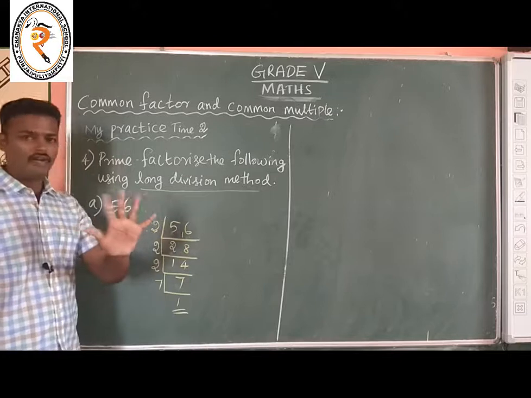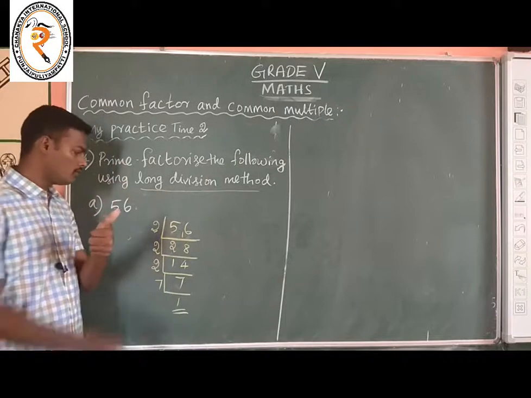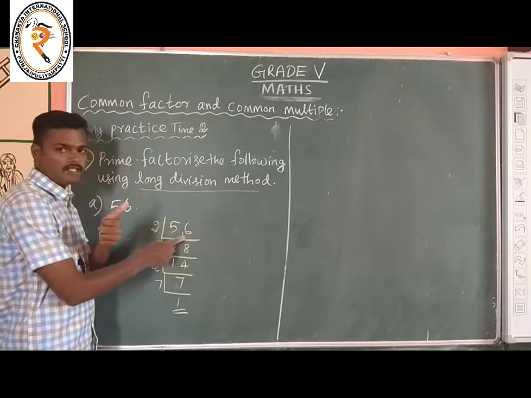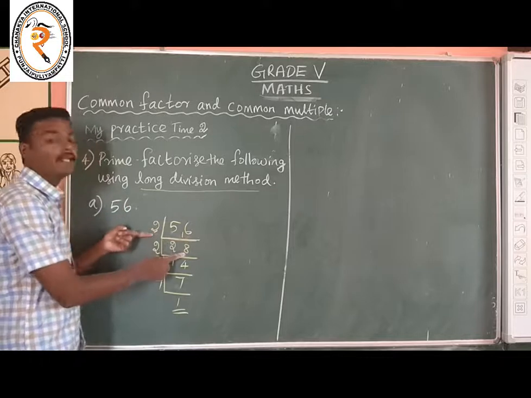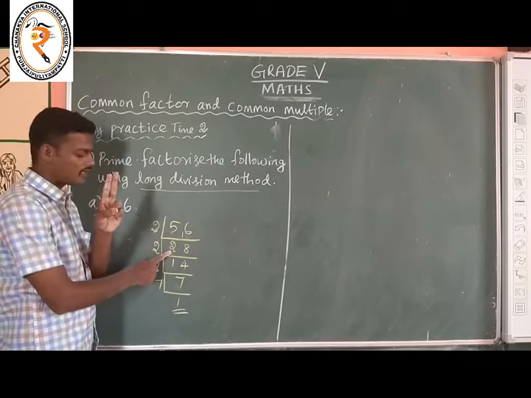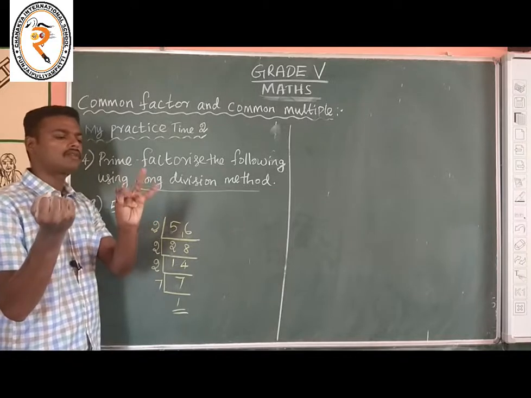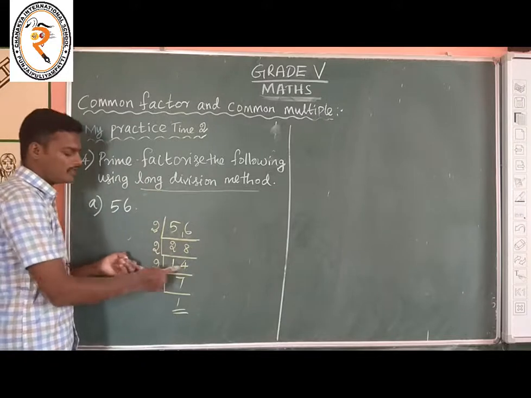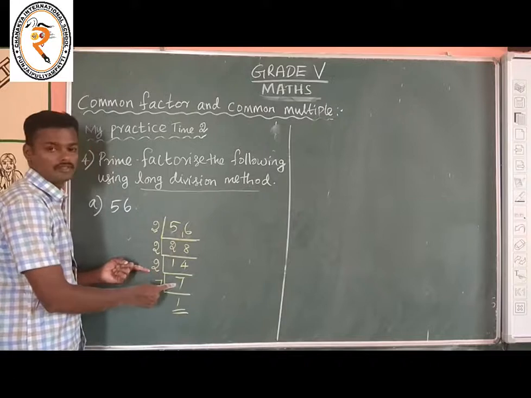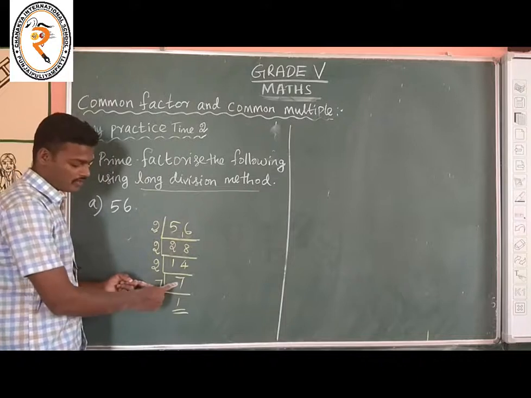Let me recap: 56, the first number, is even, so it comes in the second table. Selecting 5, it holds 2 two times and the remaining is 1, so the remaining 1 is read as 16, which is 8 times in the second table. Next, 28 is an even number, so again the second table: 2 is 1 time, and 8 comes 4 times. 14 is an even number, so again the second table, 7 times. 7 is an odd number and a prime number, so it comes only in the seventh table, 7 is 1 time.